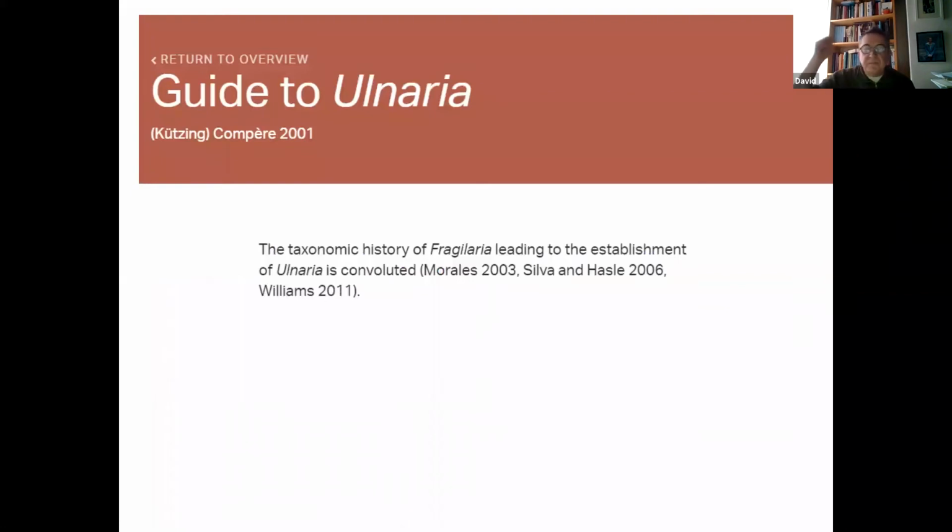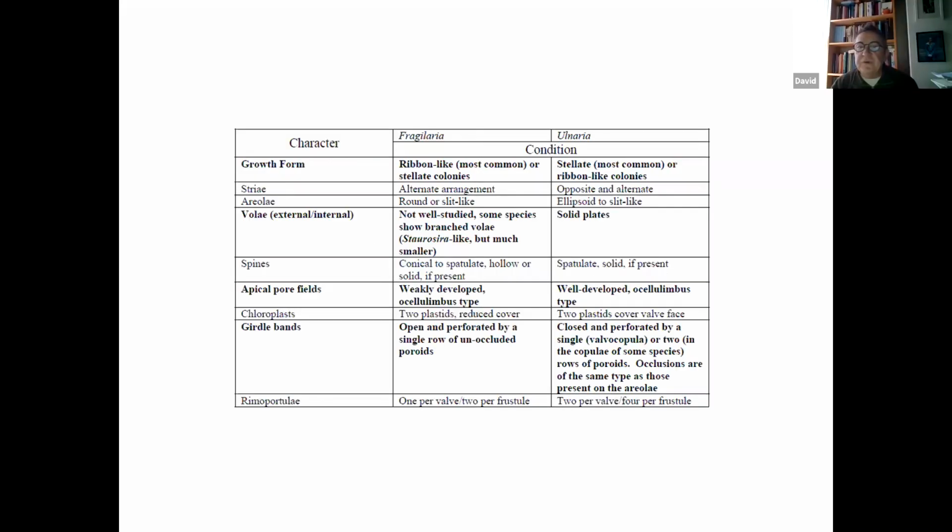Let me just try and go through Ulnaria, because that's somewhat easier, because I think I know what Ulnaria is. Cynedra, Ulnaria, freshwater Cynedras. Here, I like this quite a lot. The taxonomic history of Fragilaria leading to the establishment of Ulnaria is convoluted. I'm going to suggest it isn't. Here's a comparison between the two.